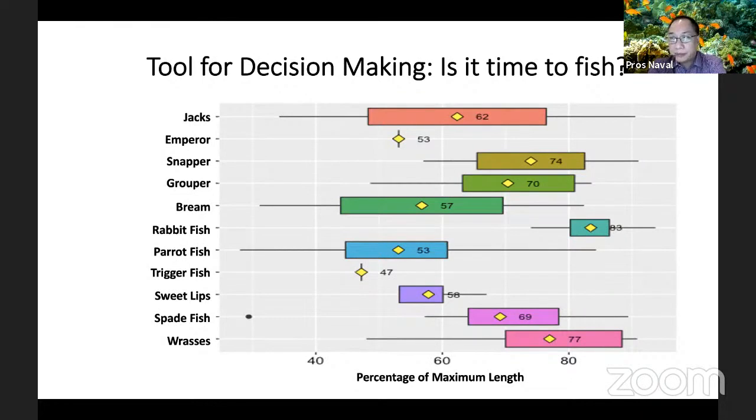It's not advisable to fish because you'd probably be catching the juveniles, and you won't have potential parents for the next generation of fish for that particular fish group.